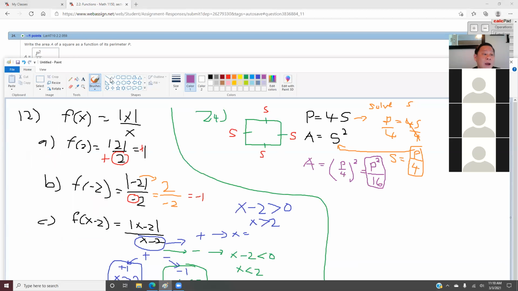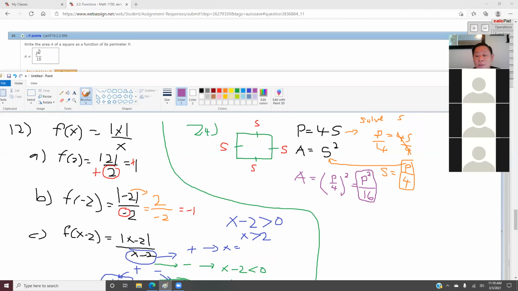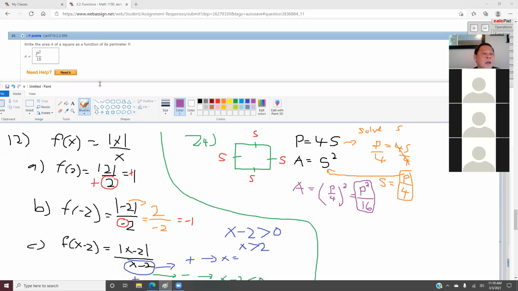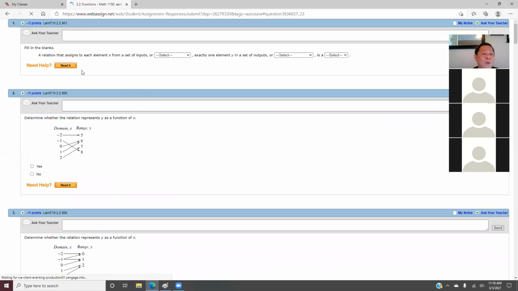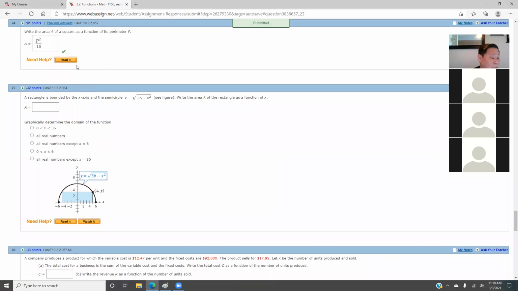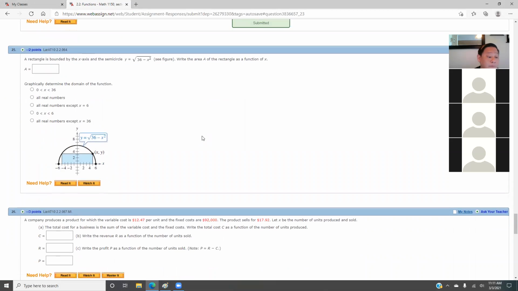Okay, so make sure you understand this. The answer is P squared over 16, with a capital P. That's the reason you have to use a capital P in this case. Otherwise, you get it wrong.